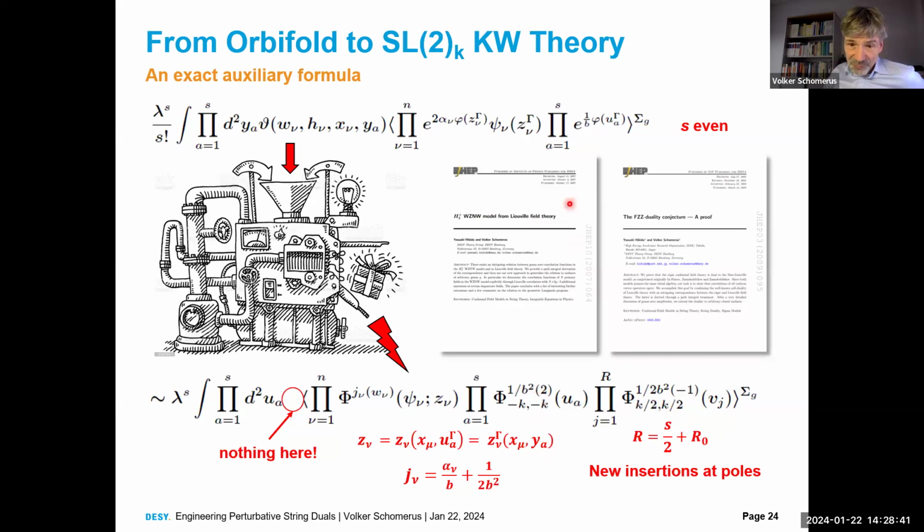These are more or less similar to those, except that somehow the J and the alpha, so the momentum in the Liouville direction, and here the momentum in the phi direction to J nu, they get these little shifts, but otherwise it's minor. But maybe most dramatically, this complicated prefactor that appeared here, times some factor that comes from the measure of the YAs, can actually be written just as an integration over the insertion points of UA.